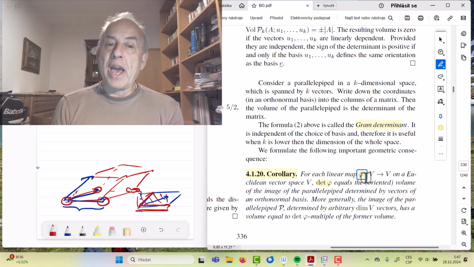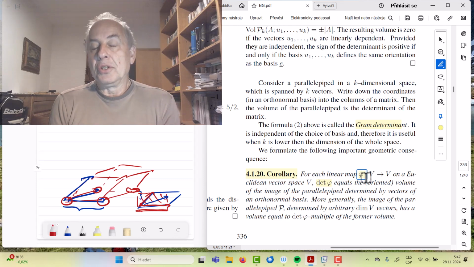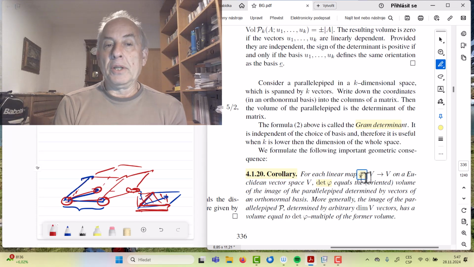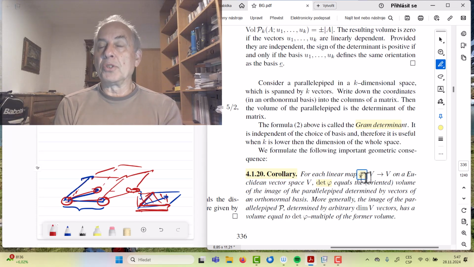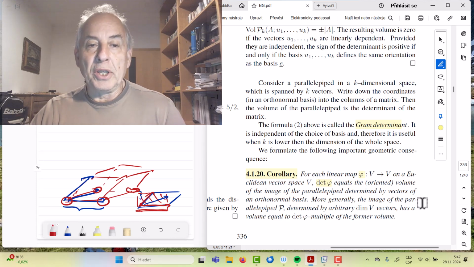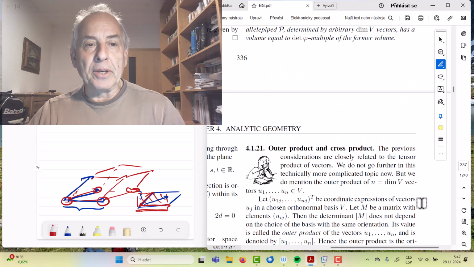So what we get is really how many times it increases the volumes, because the volume of the unit cube is 1, and we get the result, right? And the ratio doesn't depend on which scalar product we use. So that's a very nice thing.